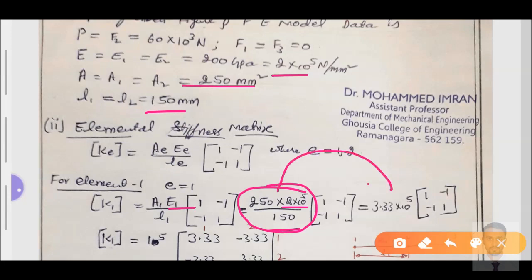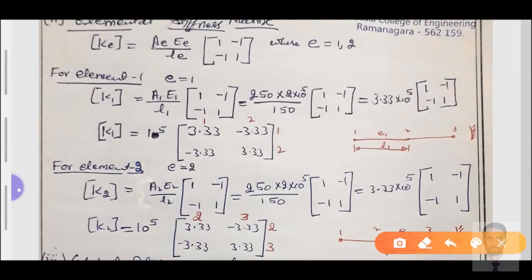This value is equal to 3.33 into 10 to the power of 5, times [1 -1; -1 1]. Now take 10 to the power of 5 common and multiply the 3.33 inside the matrix, and we have 3.33, -3.33, -3.33, 3.33. After getting this elemental stiffness matrix for element number 1, we need to give the row names and column names with respect to the nodes between which the element lies.